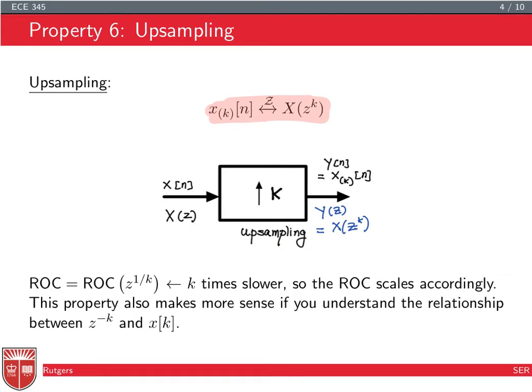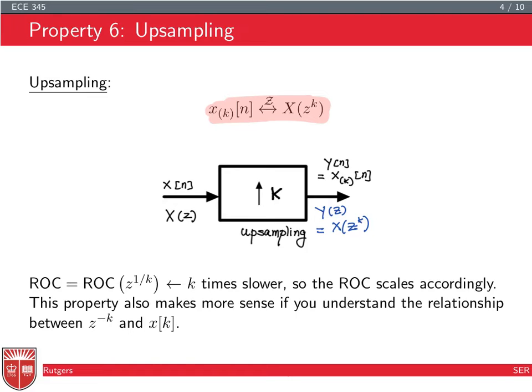Here x of n has x of z, and then you have upsampling with an upsampling factor k, and then y of z, which is the z transform of the upsampled signal, is equal to x evaluated at z to the power k. And the ROC is equal to the ROC where z is replaced by z to the power 1 over k.